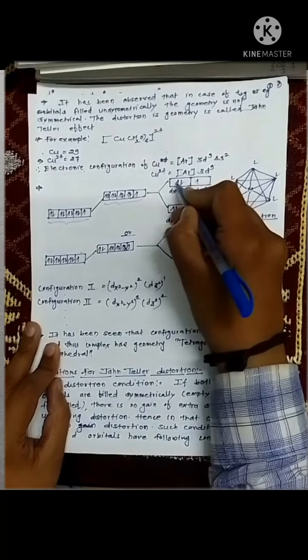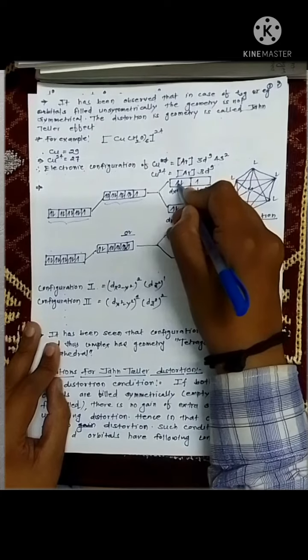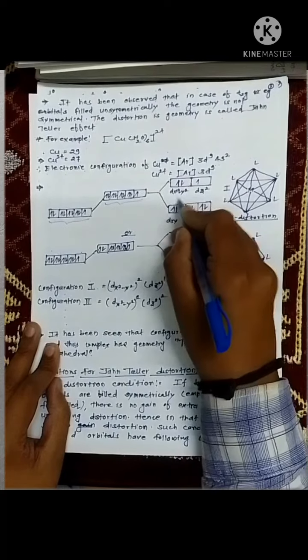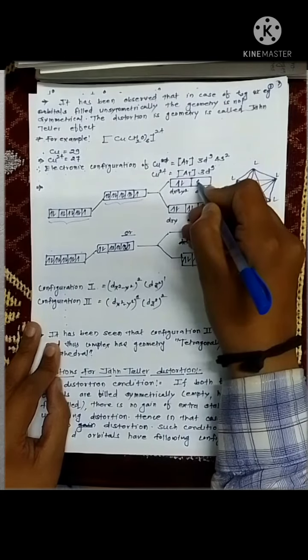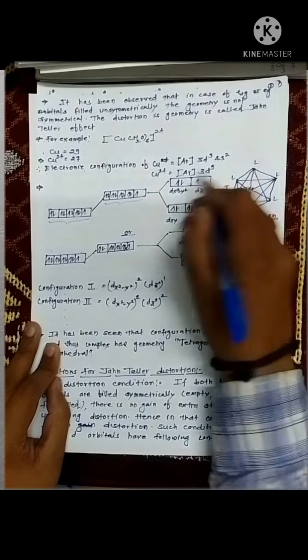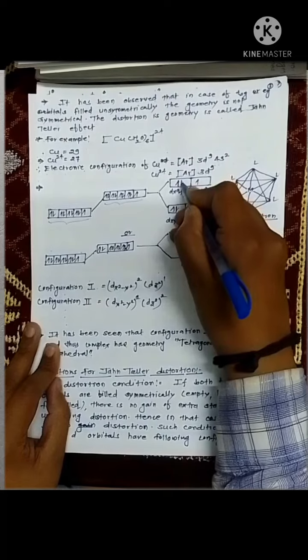Then we put electrons in the EG orbital set, that is dx square minus y square, then the second electron is filled here. So the total number of electrons filled up to here is 8. Now the ninth electron comes and pairs.